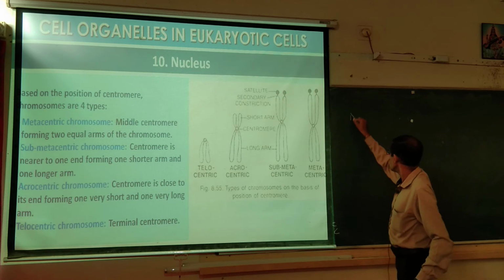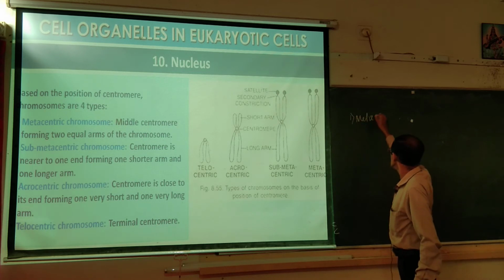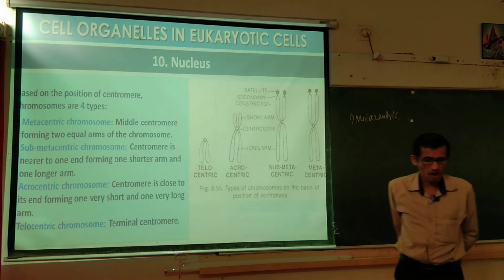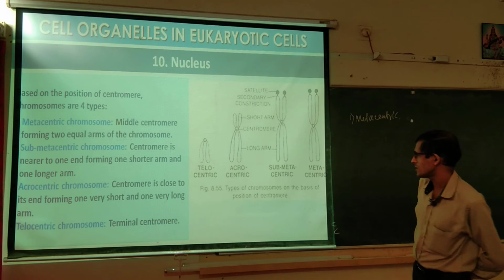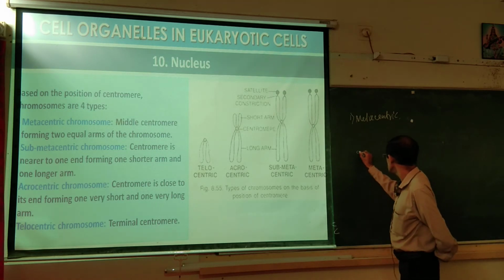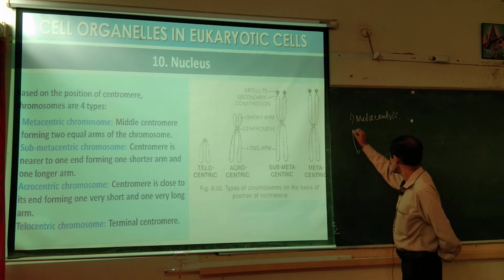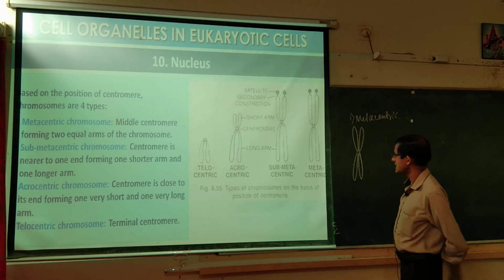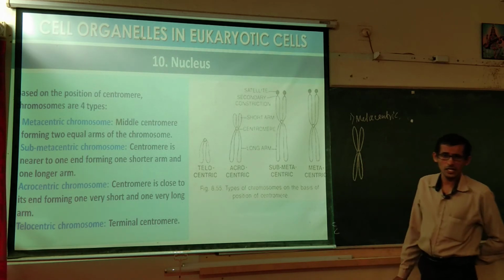One is the metacentric chromosome, with a middle centromere forming 2 equal arms. The centromere is in the middle with equal arms, so it is called a metacentric chromosome.